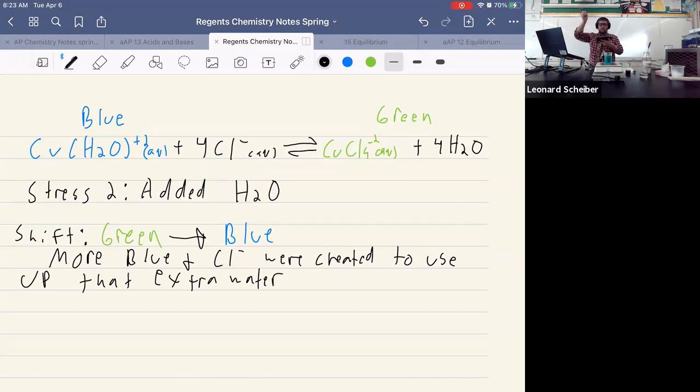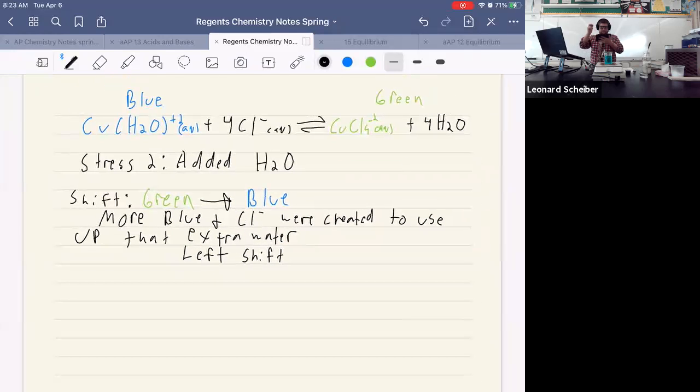And over here, we would call this a left shift. Left shift means that we are creating more of the left side of the forward reactants, and we're creating less of the forward products.